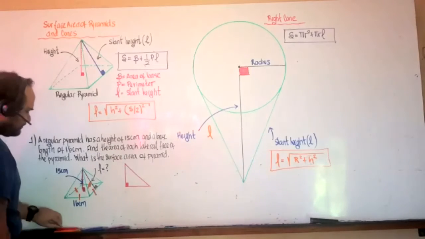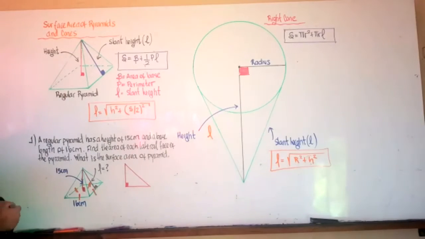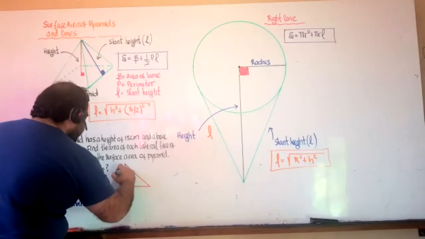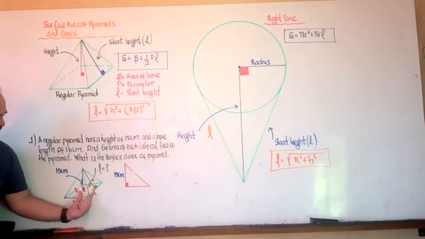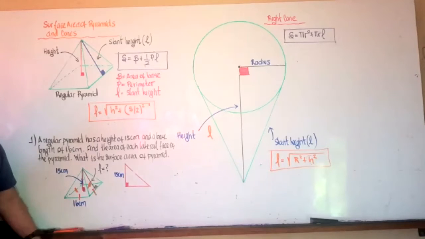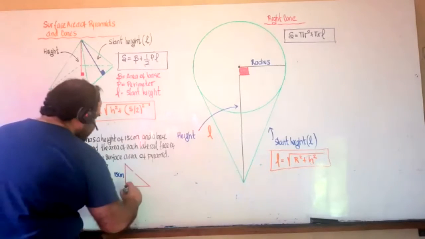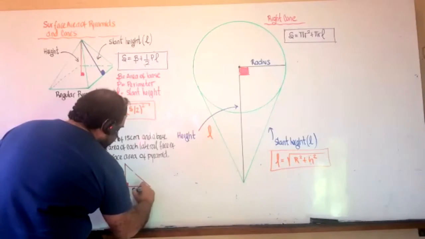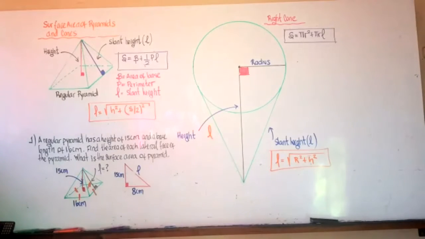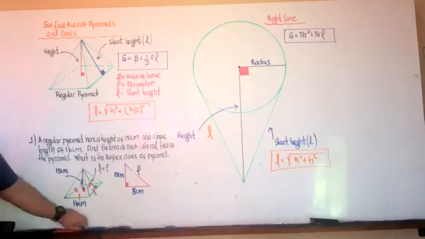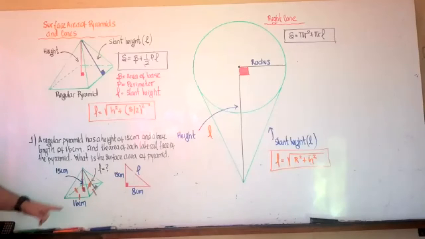The height will be 15 centimeters, and the base will be half the value of 16. What is half of 16? It will be 8 centimeters. And we have to look for the slant height. We are drawing this right triangle with half of 16, that is 8 units.